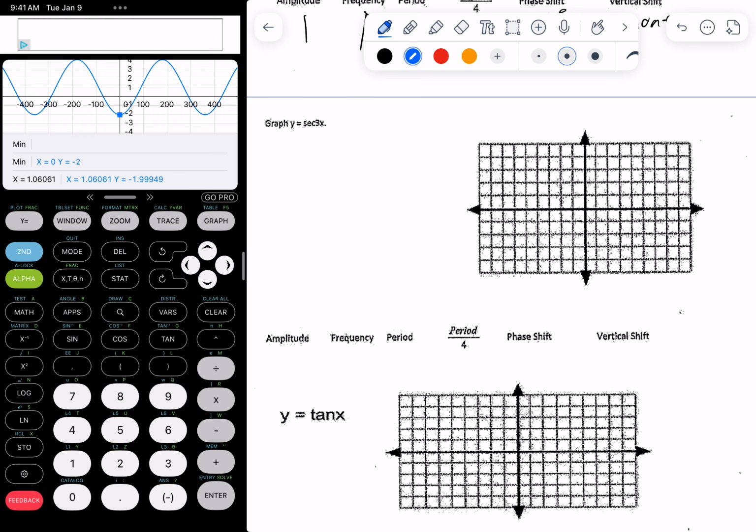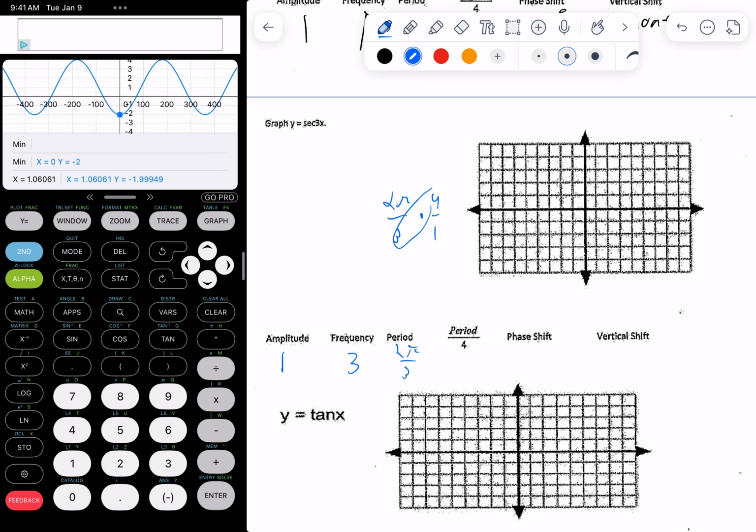Now secant 3x, so our amplitude is going to be 1 because there's no coefficient next to secant. Frequency is 3. Period is 2 pi over 3. Period over 4 is 2 pi over 3 times 1 over 4.